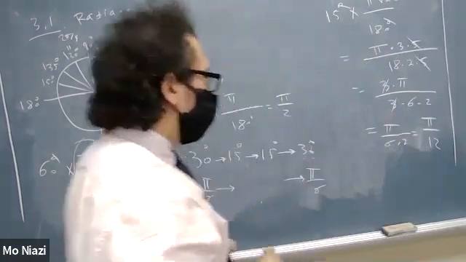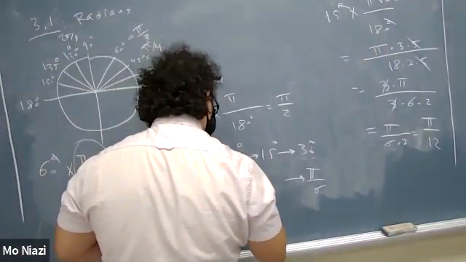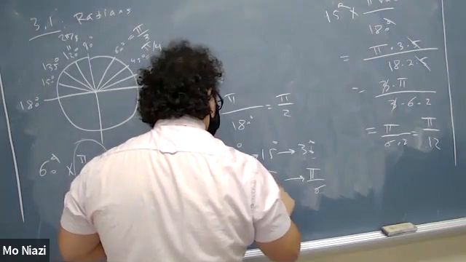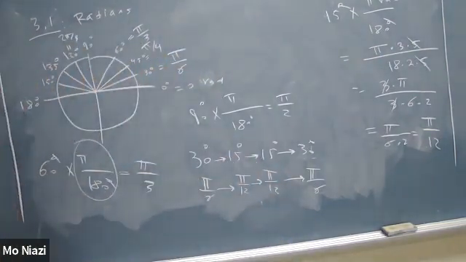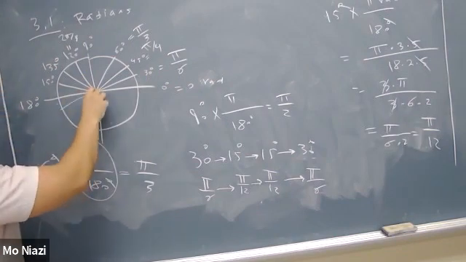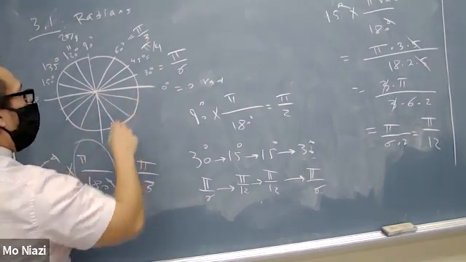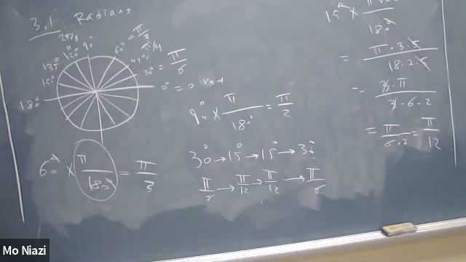So 15 degrees is pi over 12. So if you aspire to derive what all of the special angles on the unit circle are, all you have to do is apply this 30, 15, 15, 30 rule to the radians.